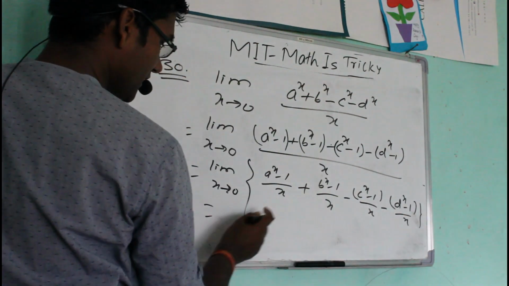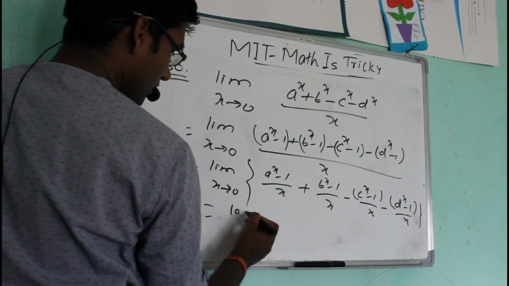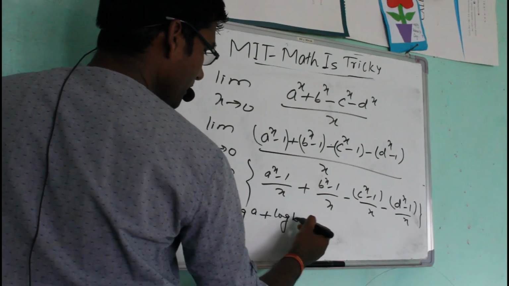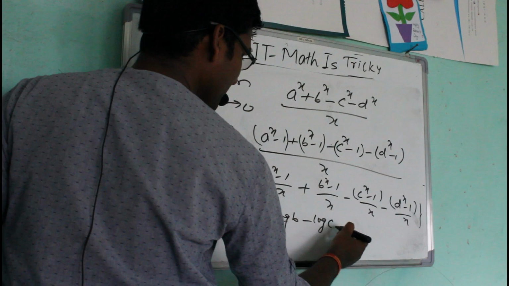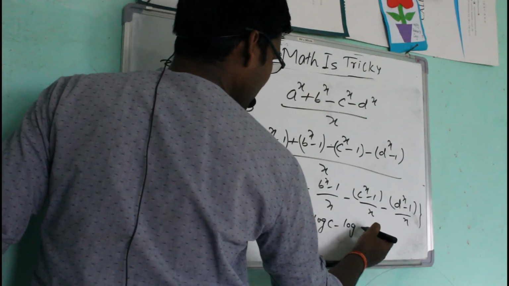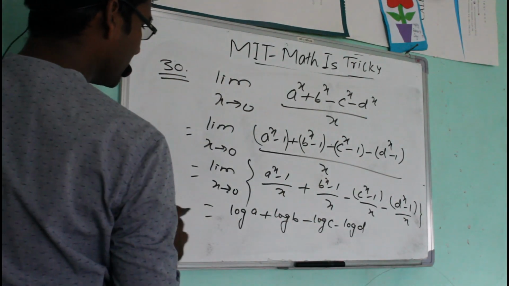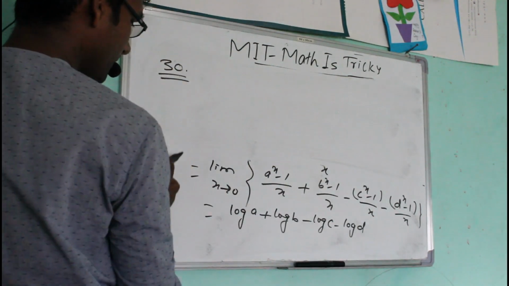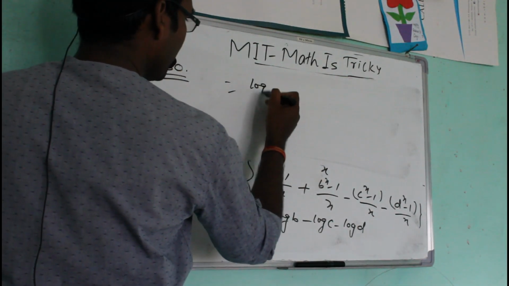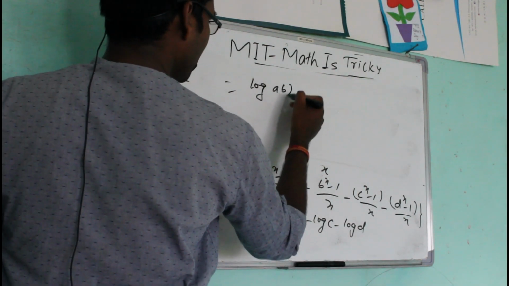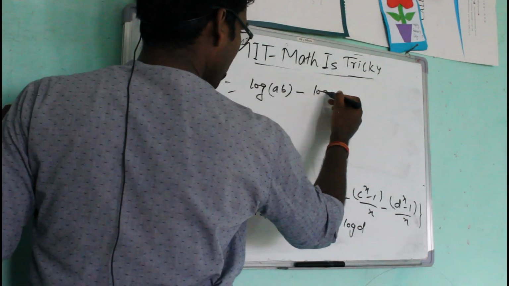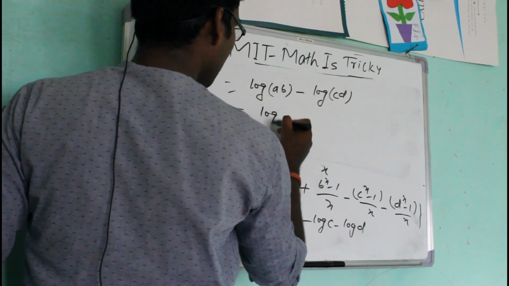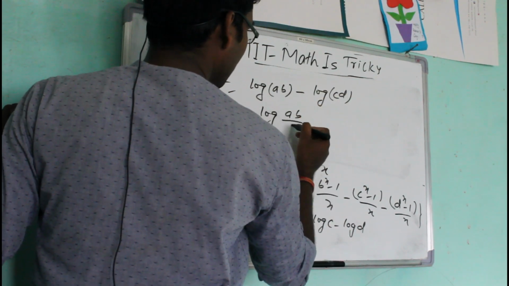So simply it is here log a plus log b minus log c minus log d. Let me write the answer for this. Log a plus log b is log ab, minus, common, log c plus log d is log cd, and then we have the formula log ab by cd.